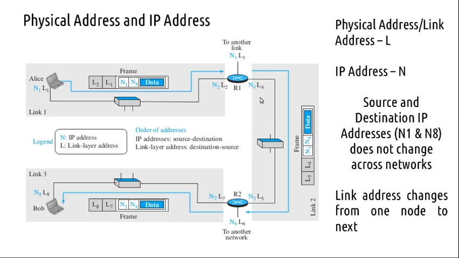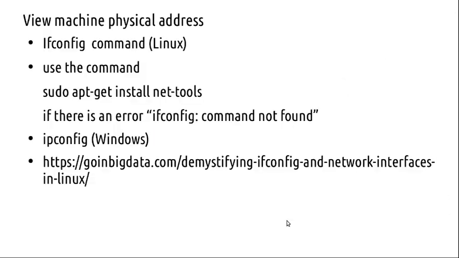That is decided by the routing algorithms. The picture becomes clear when we take up routing algorithms. But the process remains that the IP address allows you to transmit the data across diverse networks, and the link address allows you node to node jumping, node to node hops. These are made possible because of the physical address or the link address.